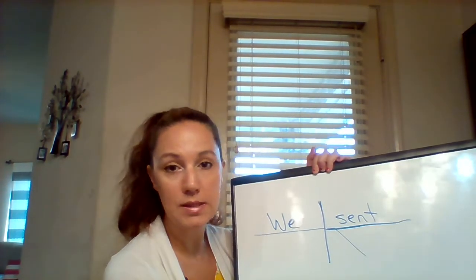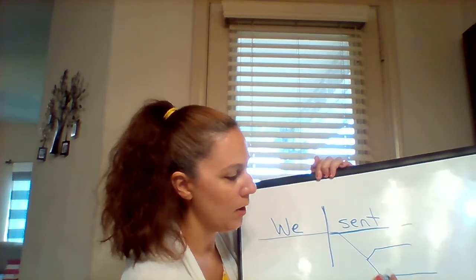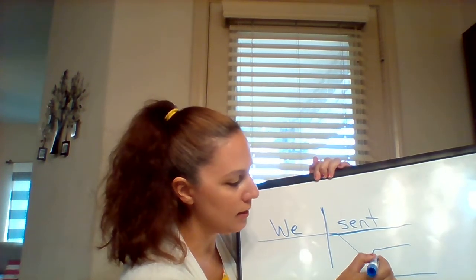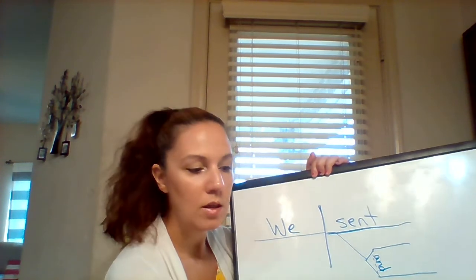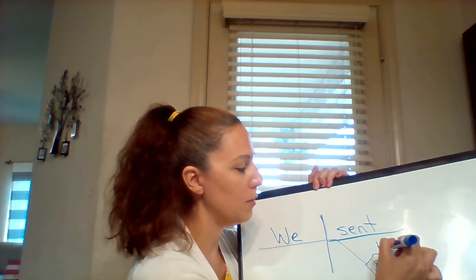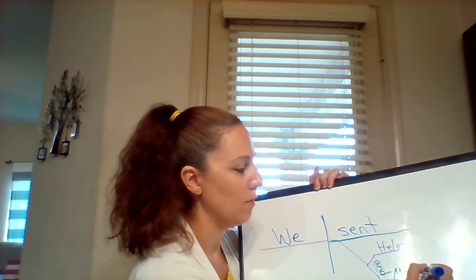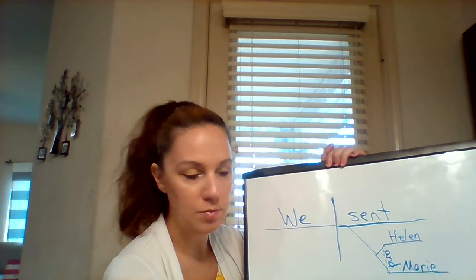There's two people we sent them to. That means I have to split it. Okay, and they're combined by and. The two people I sent them to are Helen and Marie. So Helen goes up here. Marie goes down here. Those are my indirect objects.